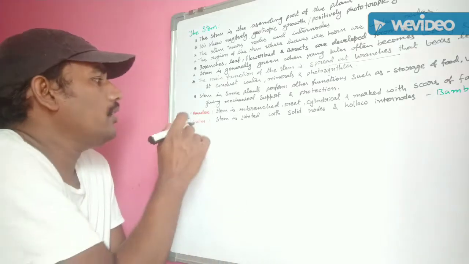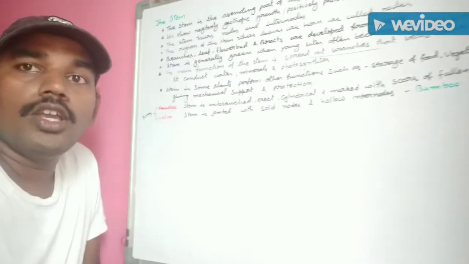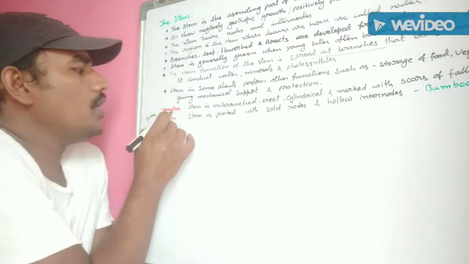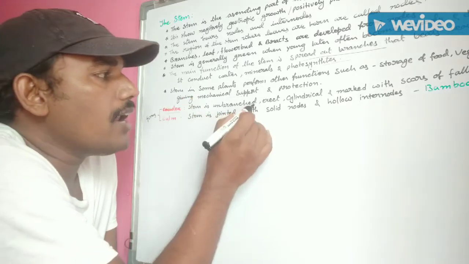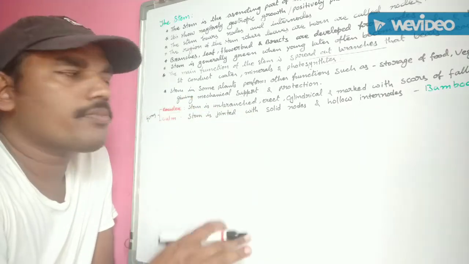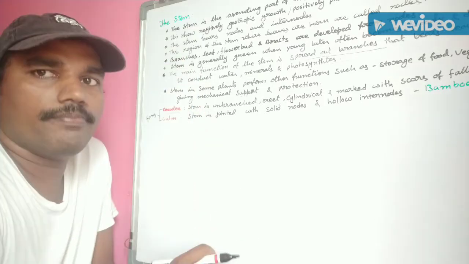What are they? Caudex. Listen carefully. Caudex, C-A-U-D-E-X. Caudex means the stem is unbranched. Branches are not present in the main axis, the main stem.